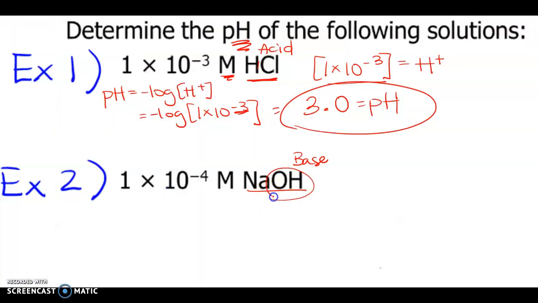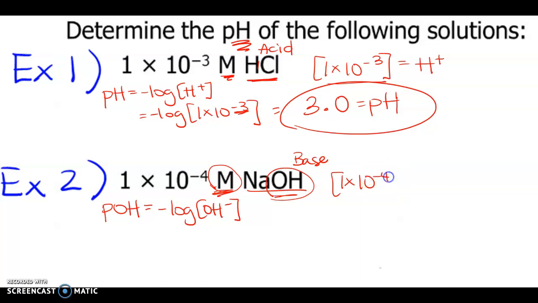Because I see that this is a base and it's giving me the concentration, I'm going to find pOH first, because I know that pOH is the negative log of the concentration of OH. Just like in the first example, this problem can be rewritten as 1 times 10 to the negative fourth being the concentration of OH minus. That's why I'm going to calculate pOH first.